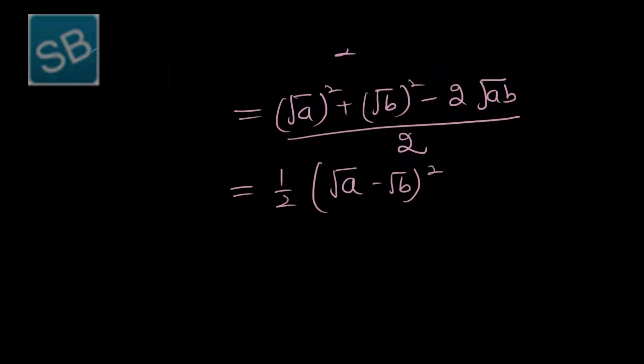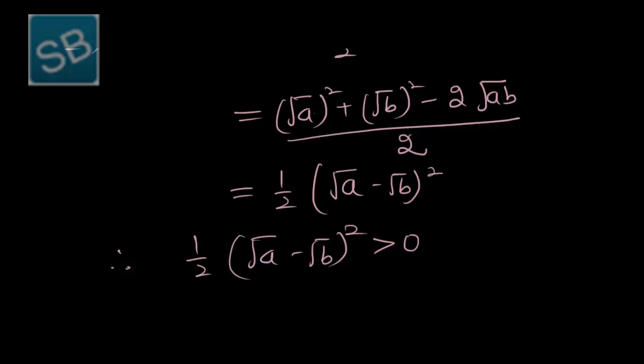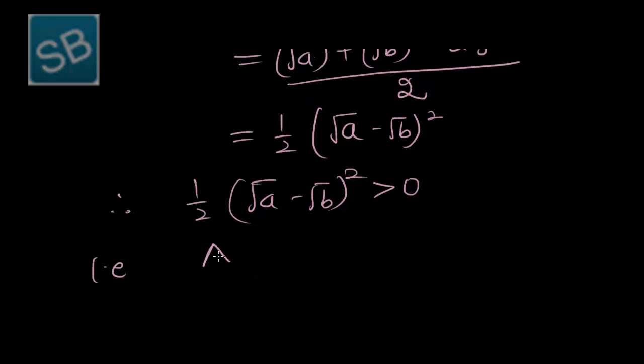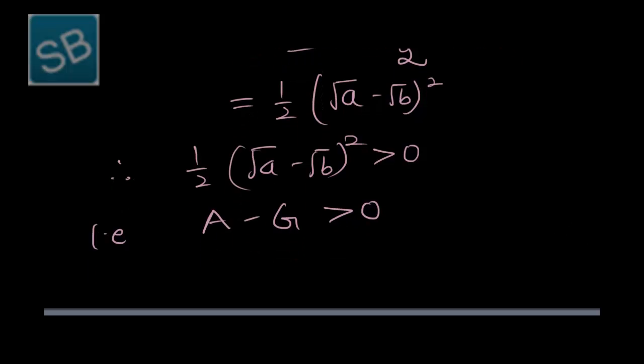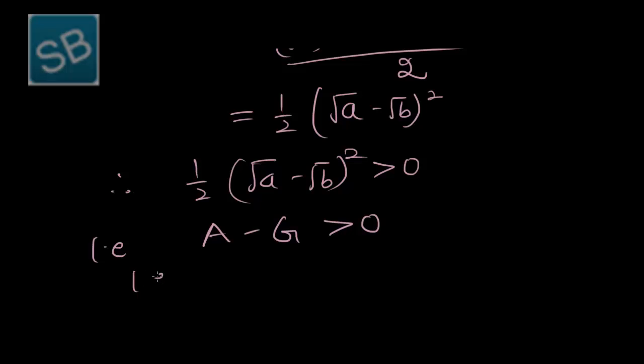Since a square quantity is always greater than 0, and as A and B are two distinct numbers, so it can't be equal to 0. Therefore, half of under root A minus under root B whole square is greater than 0. That is, A minus G is greater than 0. That is, A is greater than G. Hence the result is true.